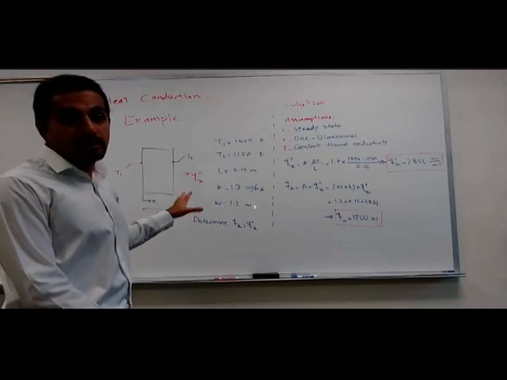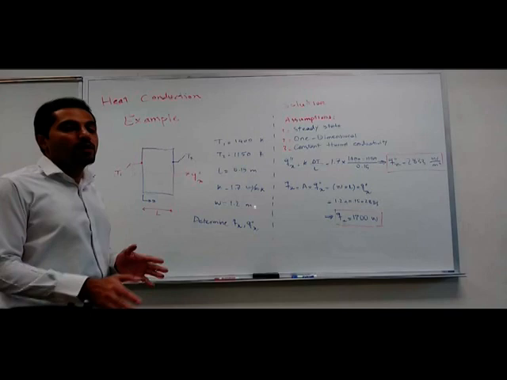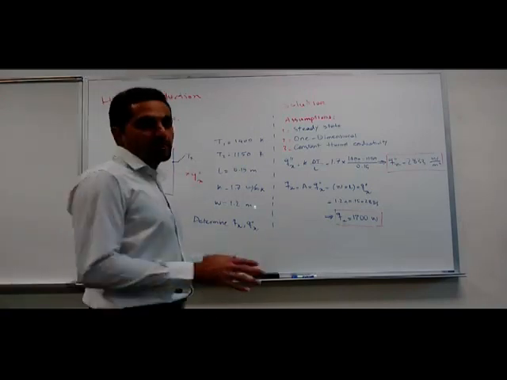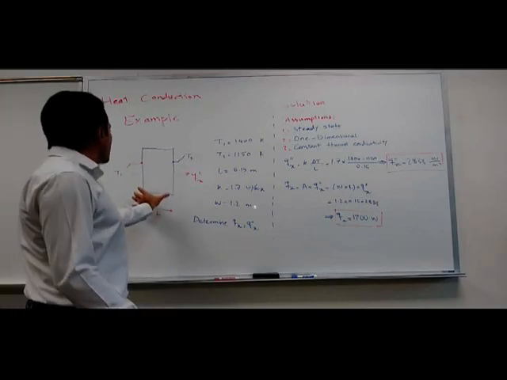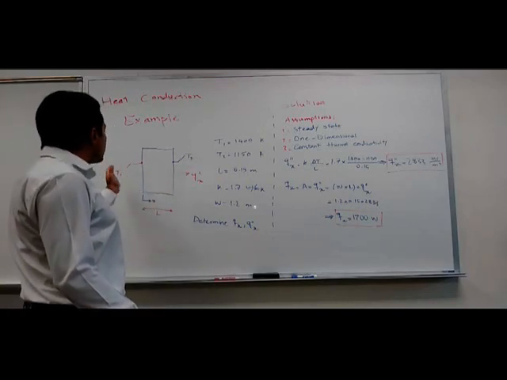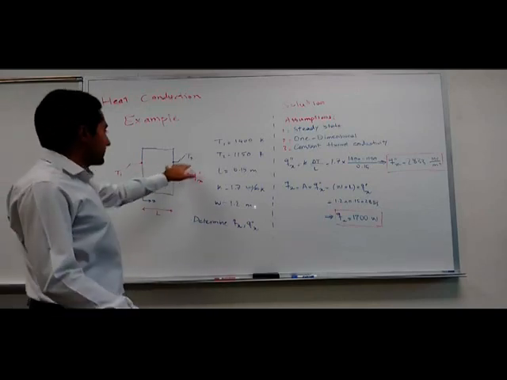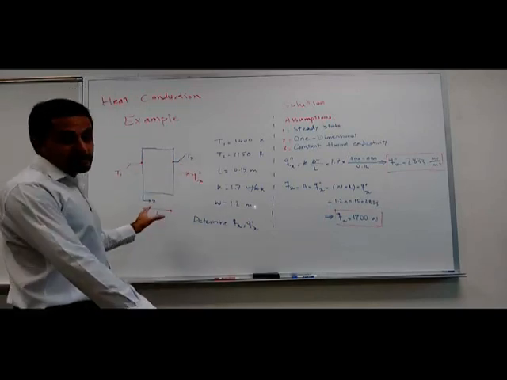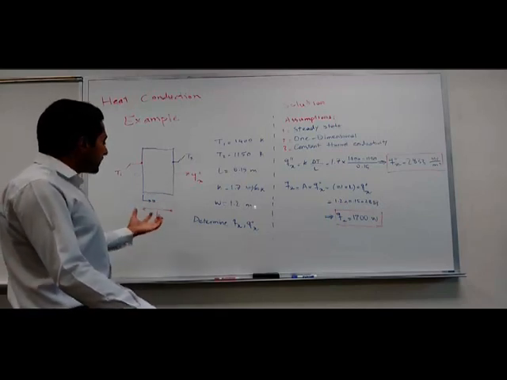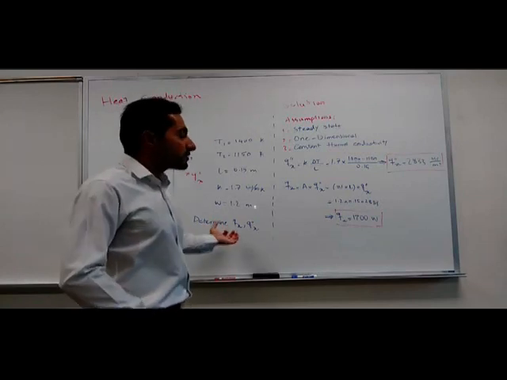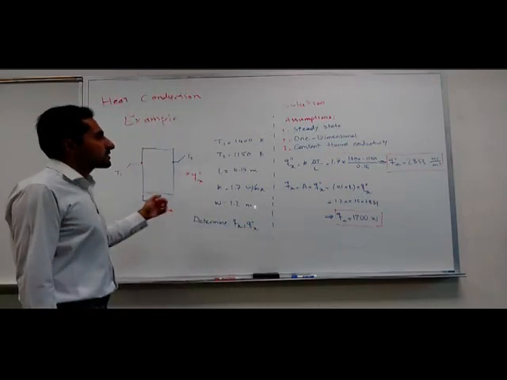It's a very simple example, but it's required to know how Fourier's law of conduction works. Consider a wall with different temperatures at the boundaries T1 and T2, and T1 is greater than T2, and we require to determine heat transfer in X direction and heat flux in X direction.